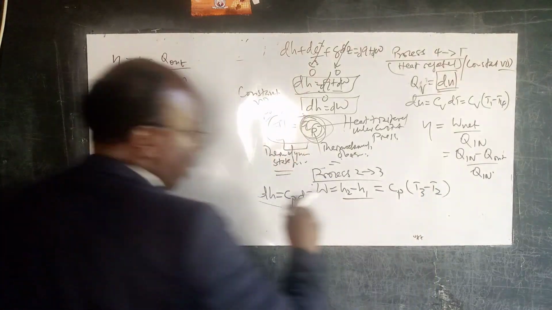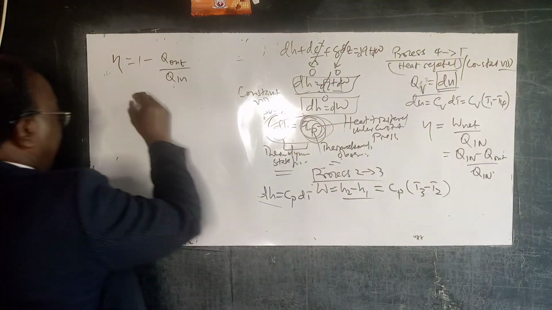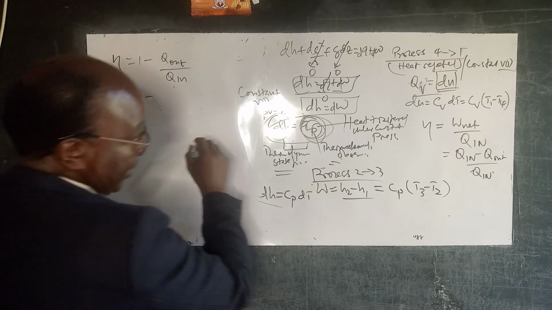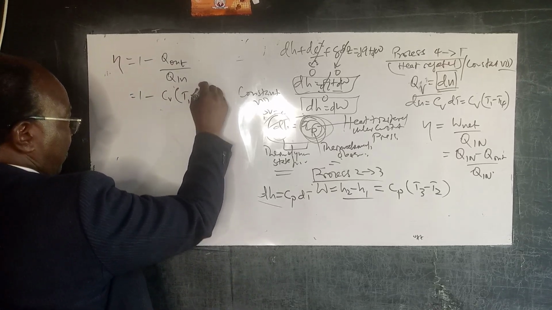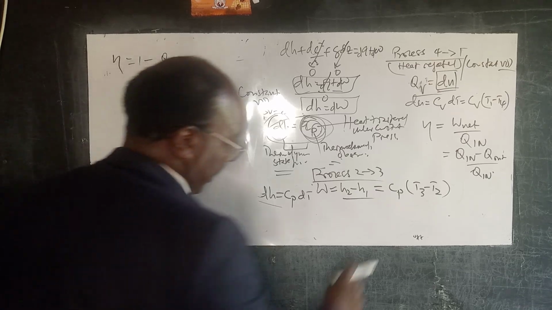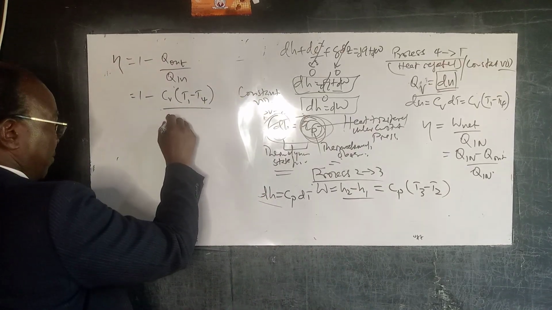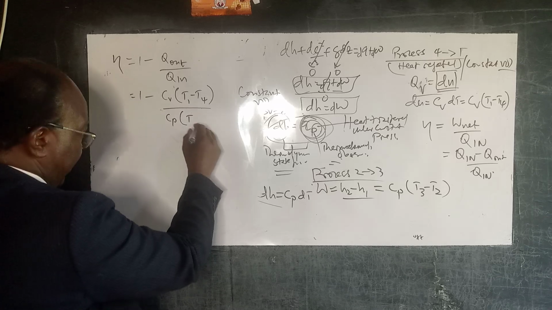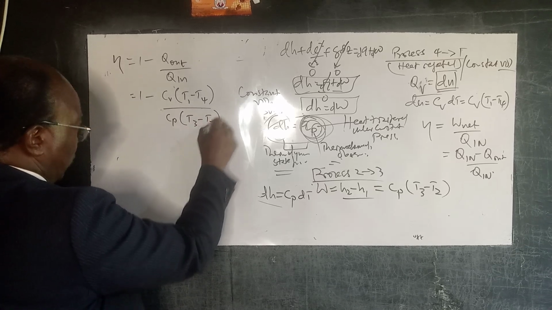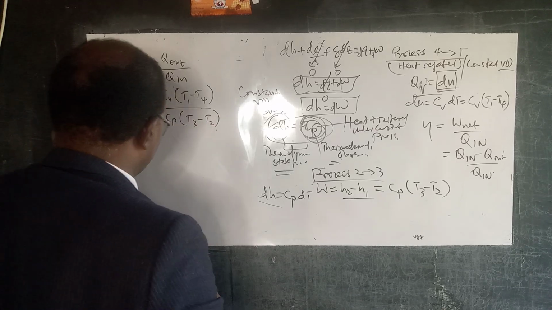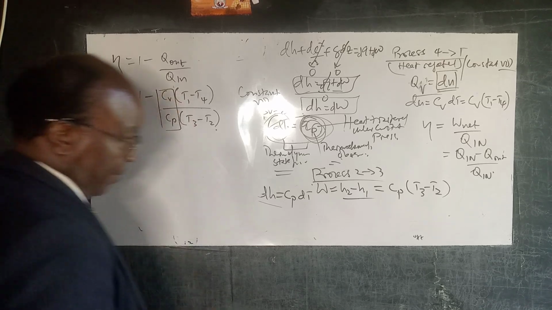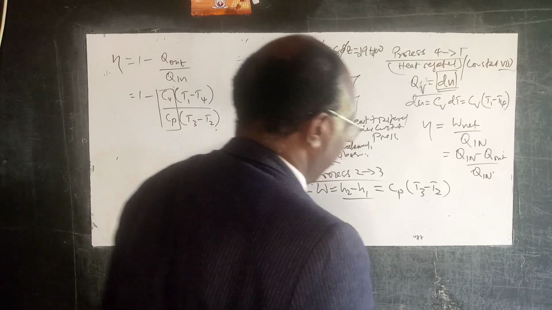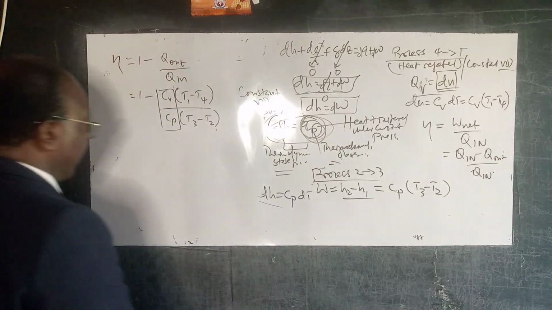And so what is Q out? Q out, we have said, so that will be 1 minus CV times T1 minus T4 divided by CP times T3 minus T2. And what is this expression there?